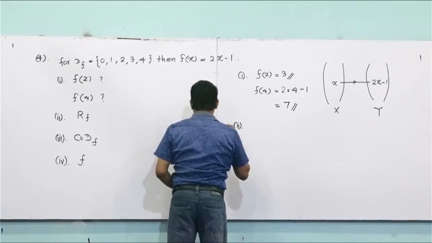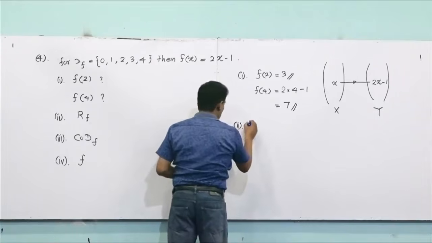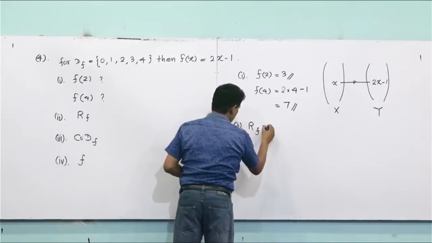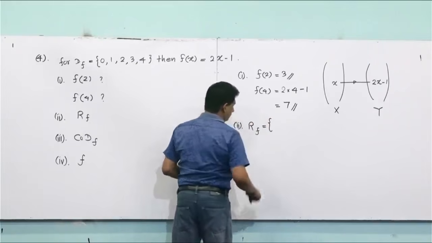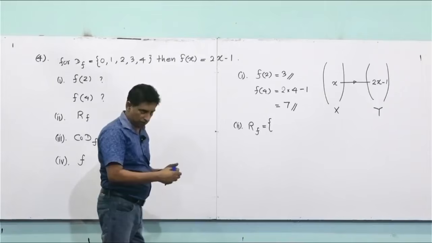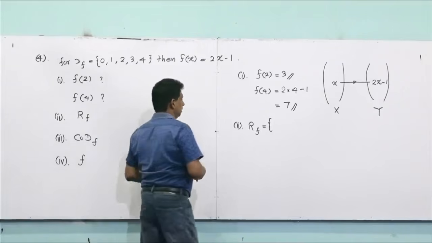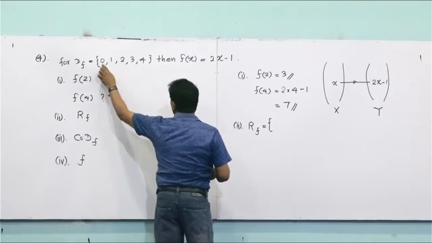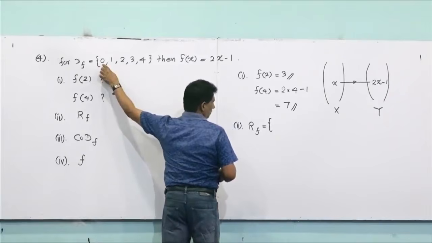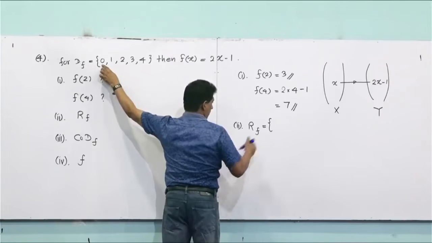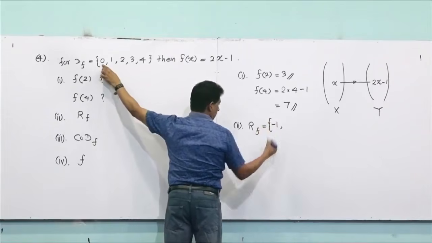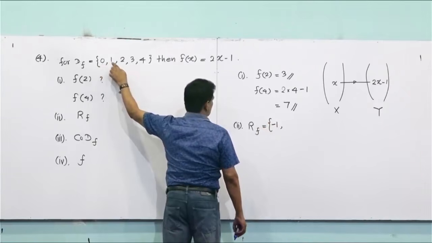Then second one, we have to write RF. To write RF, what do we need? All the images, no? Okay. Now, what is the image of 0? We have to multiply this by 2, then 0. Then we have to subtract 1. Then what is the image? Minus 1. What is the image of this one?